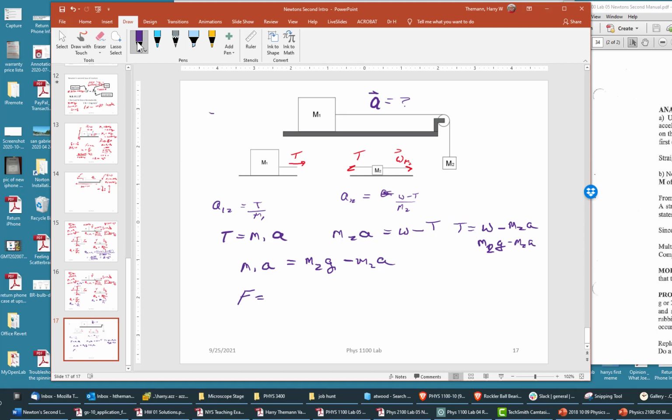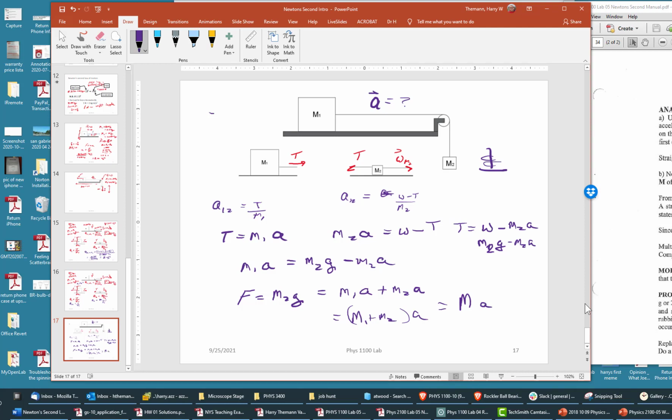In this case, the force that we're going to have is M2 times G, because we're going to have a hanger here, and we're going to put little weights on it, is going to equal M1A plus M2A, which of course equals M1 plus M2 times the total acceleration, so it looks just like the textbook.